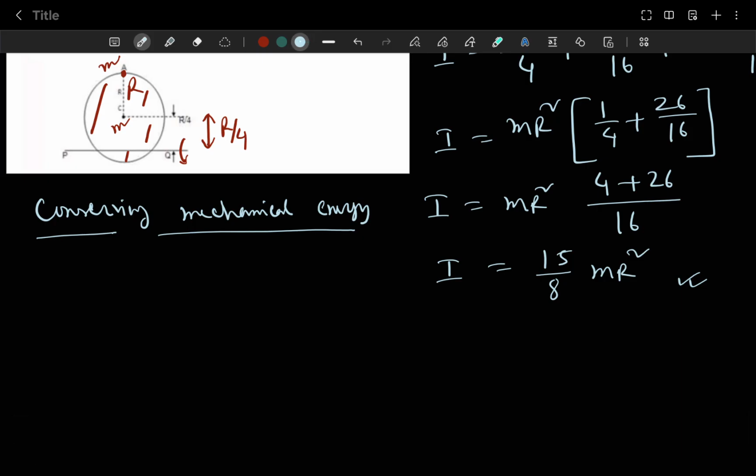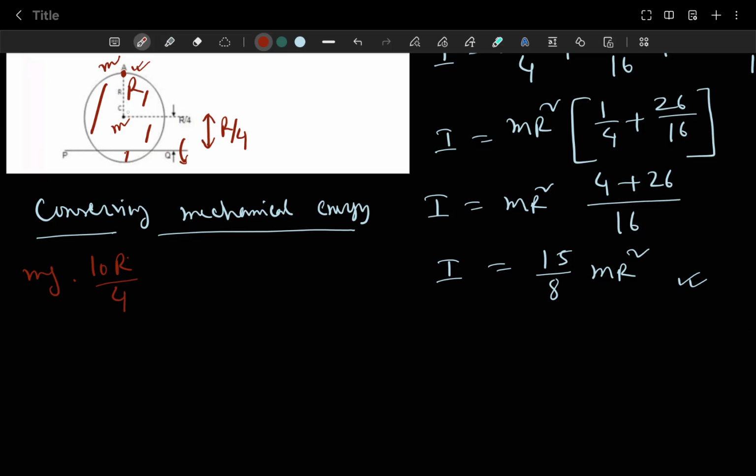So when it comes down to the bottommost point, the total change in height will be 5r/4 plus 5r/4. So mgh will be the change in the potential energy. For the point particle, it will be mg into 10r/4.